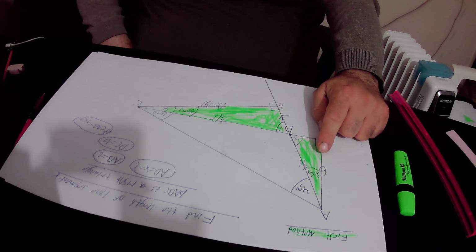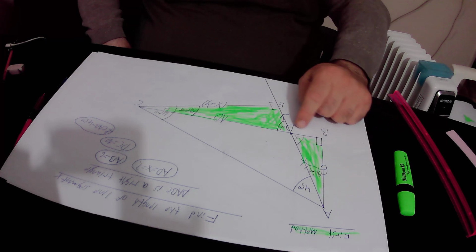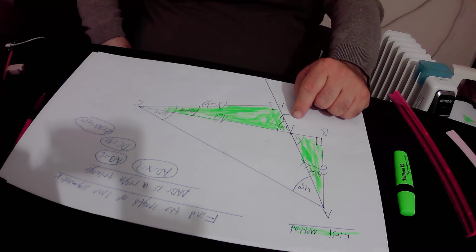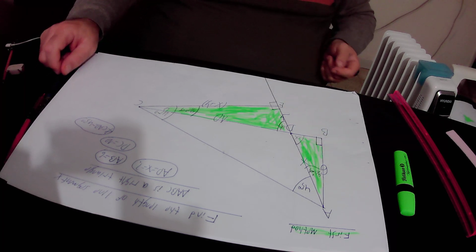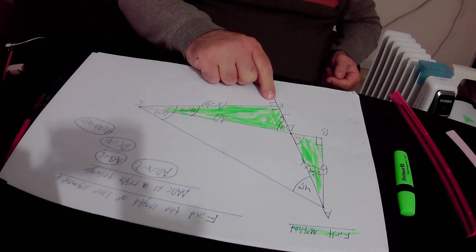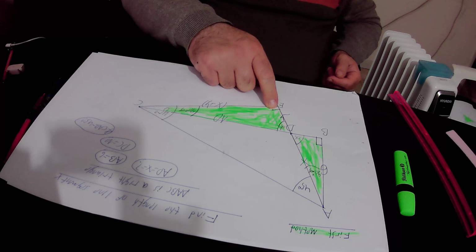Okay, so we made a construction here. We extended line segment AD by a straight line, and from point C we drew a perpendicular to the extended AD. So this angle equals 90 degrees and this angle also equals 90 degrees.